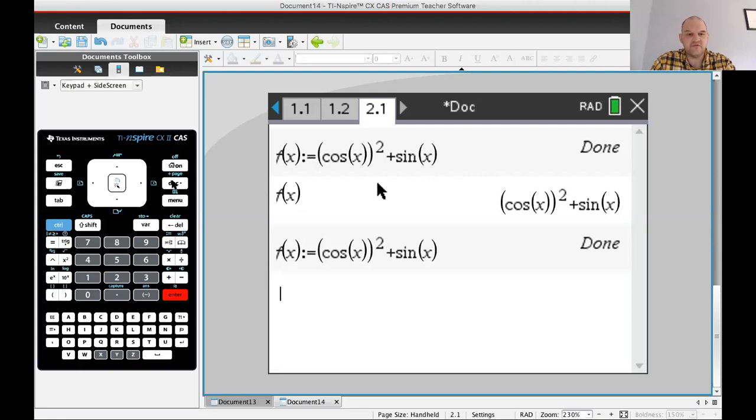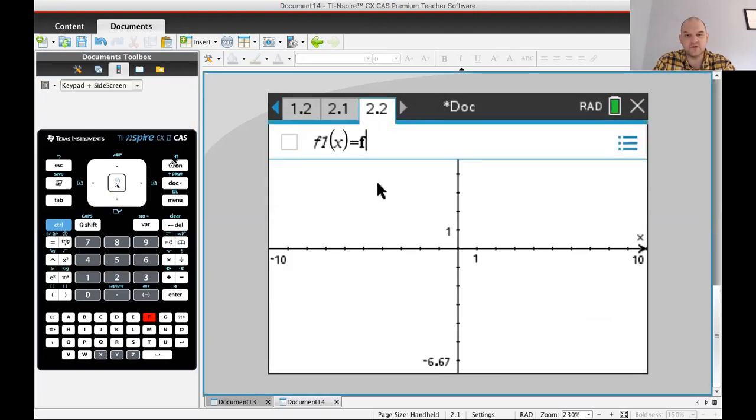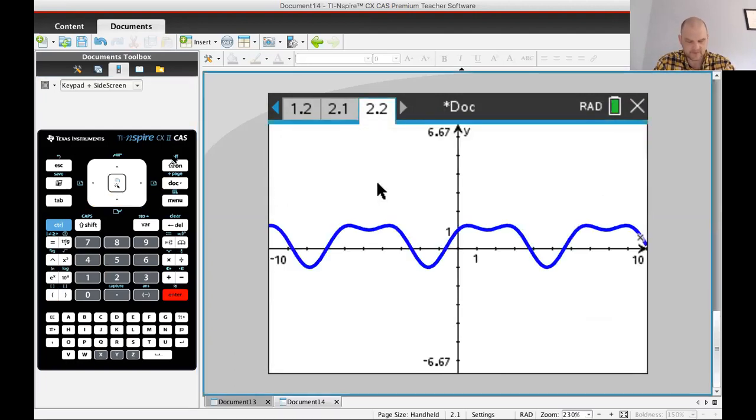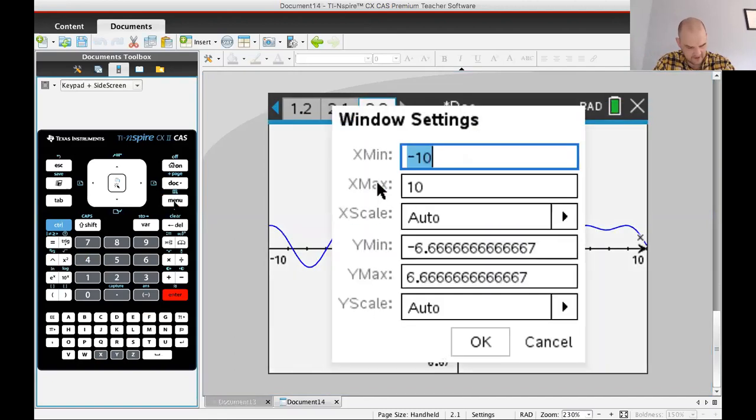So let's check and see if we entered it correctly by comparing it to the graph that we were given, right? So we were given a graph of f of x. Let's change our window so it looks exactly-ish the same as what we're given in the notes. So in the notes, it looks like -0.5 to, honestly, probably 2 pi.